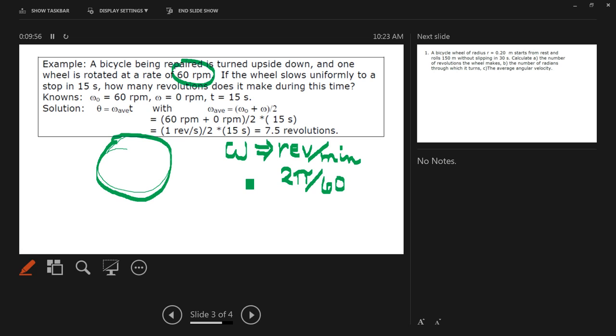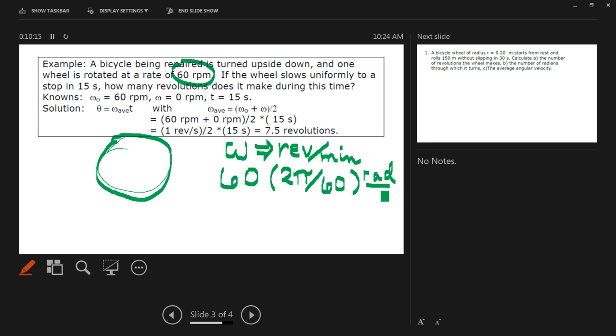So if you take that 60 RPMs and multiply and divide by 2 pi over 60, you're going to get the radians per second for our initial speed.